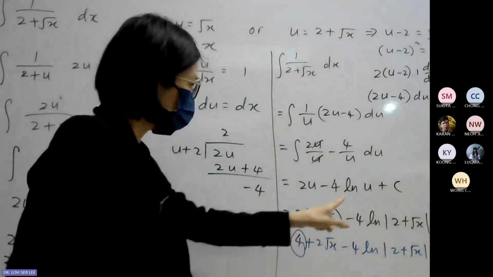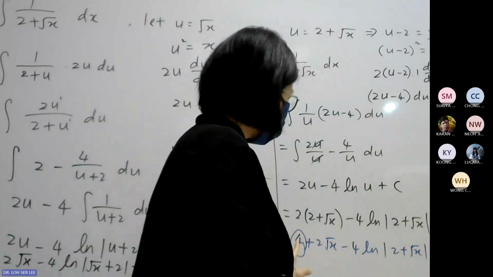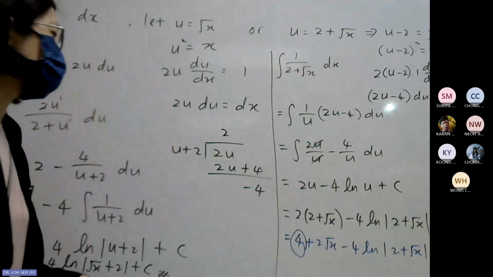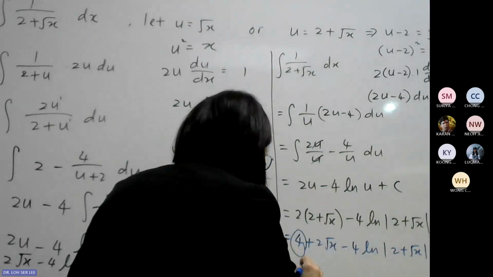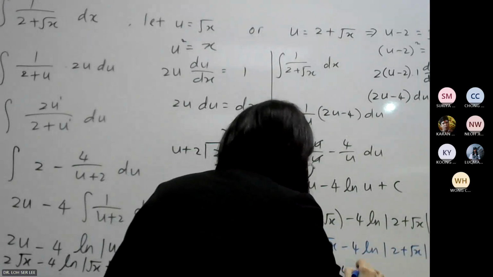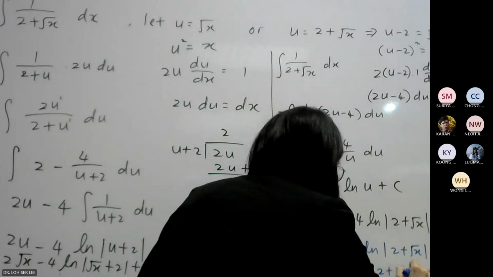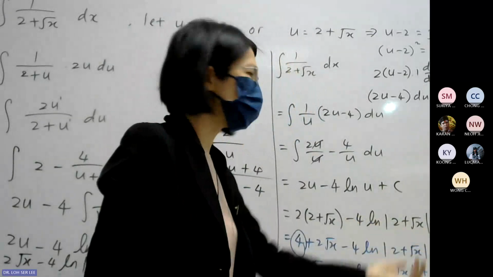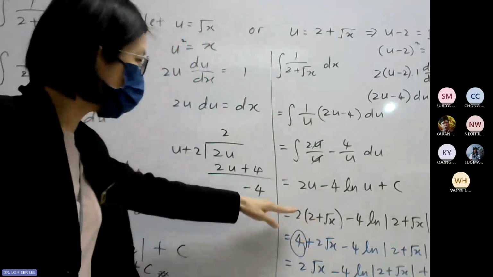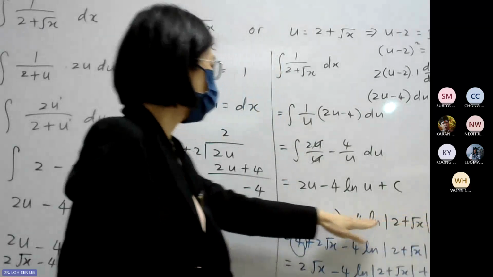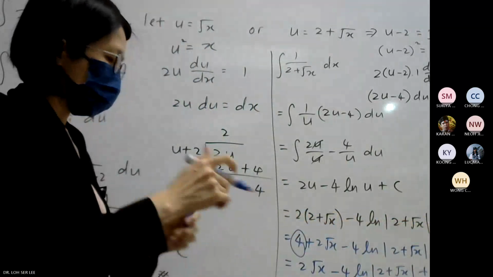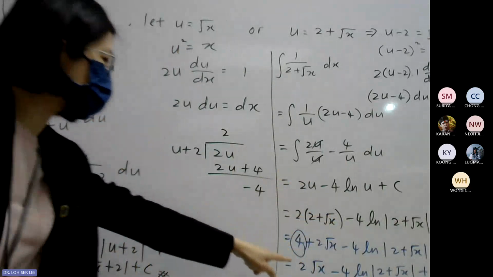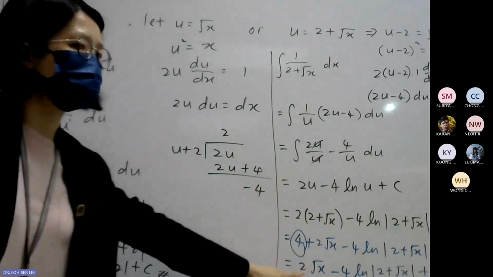This 4 we can combine with the constant, because constant plus constant gives a new constant. So we can write plus C, where this new C is 4 plus C. Basically you can stop here, this is acceptable. But when you simplify further, you will see that they are actually the same.